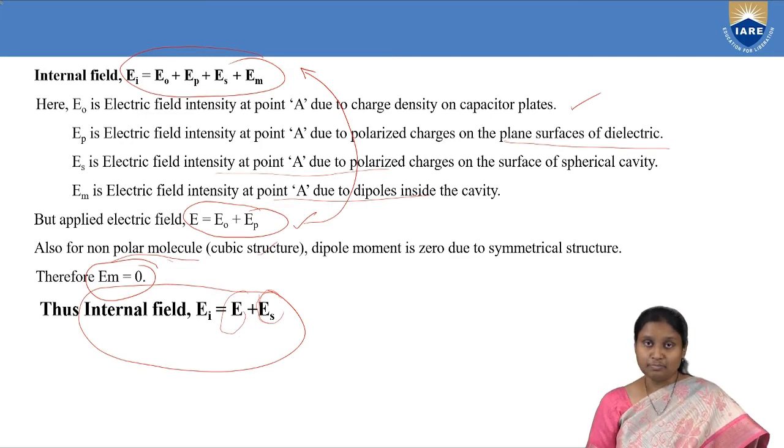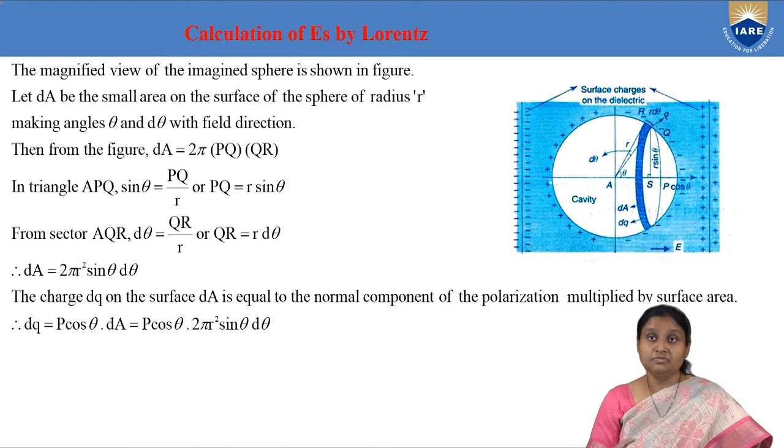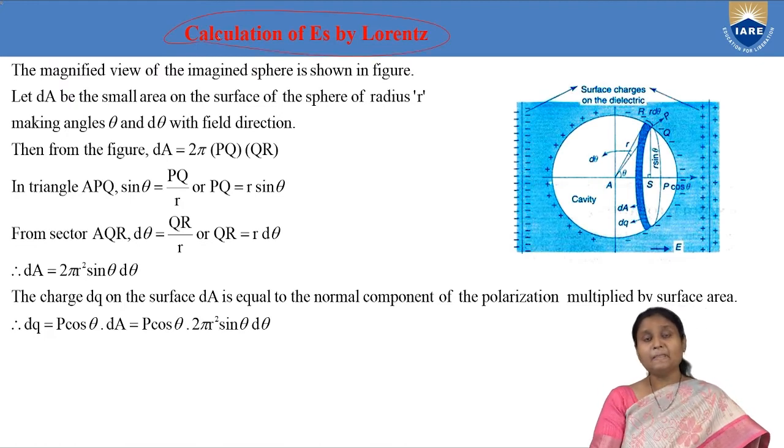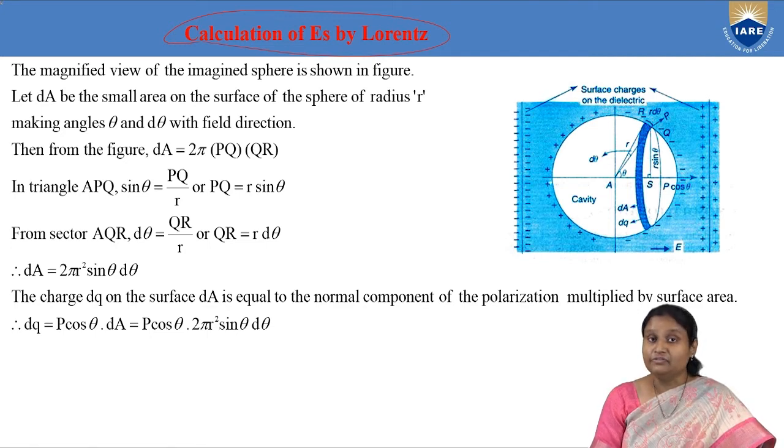So our next step in order to complete this process of calculating the internal field is to find ES. Now we are going to get the expression for ES, and this whole process was done by Lorentz. So we can also say that this is the Lorentz method of calculating electric field due to polarized charges on the surface of the imagined sphere.